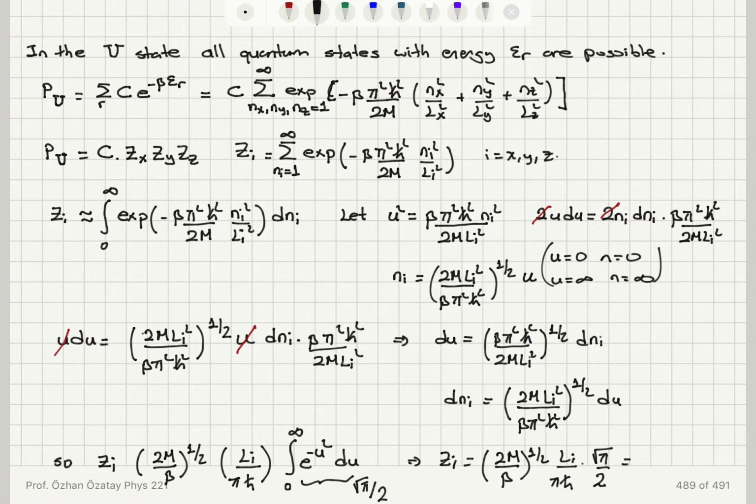So this can be written as, because I will be obtaining a square root pi in the denominator, and because I have a 2 in the denominator, that's going to be coming into the square root as 2 squared. So this can be written as capital M divided by 2 pi beta to the power 1/2, li divided by h bar.